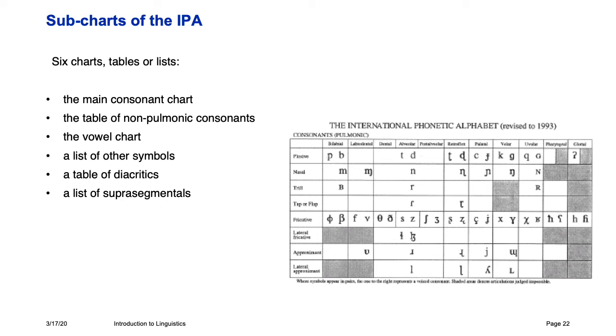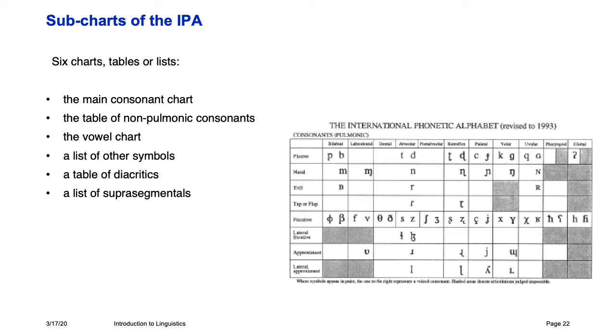And I have here some excerpts from the IPA. First of all, this is a list of consonants. The main consonant chart, but there are also non-pulmonic consonants, the vowel chart, a list of other symbols, etc. It's quite easy to make sense of because you have a vertical and a horizontal axis.